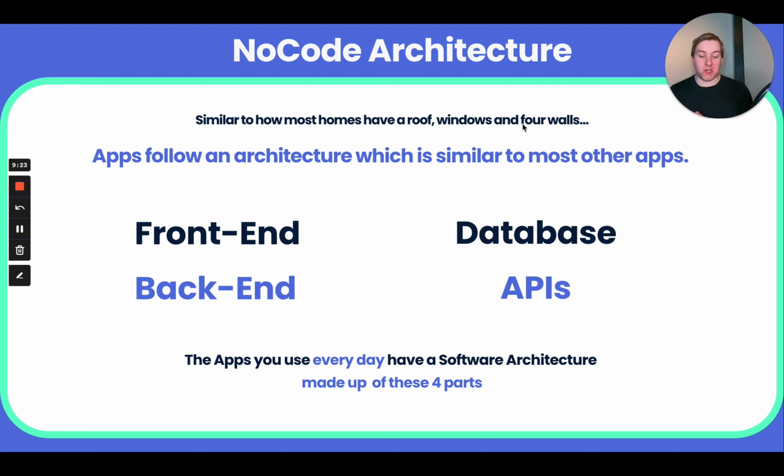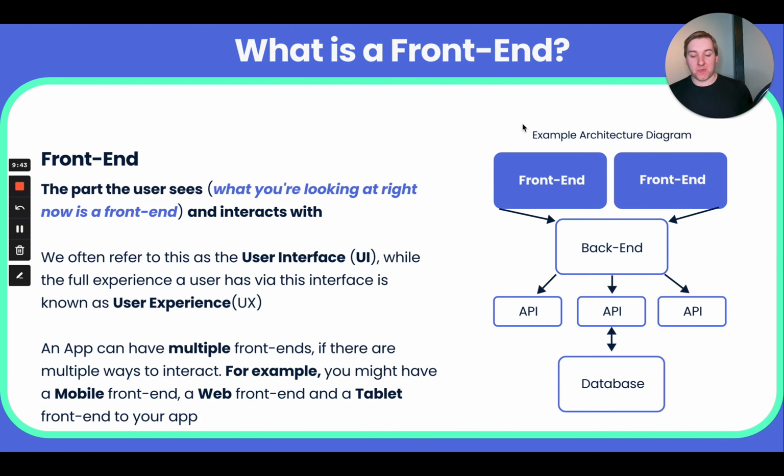That structure is: you have a front end, a back end, a database, and a suite of APIs. The apps that you're using every single day are made up of these four parts. They may have a couple of bits extra, they may chop and change bits, but this is broadly how every software developer is thinking about them. So let's get into what each of them are.